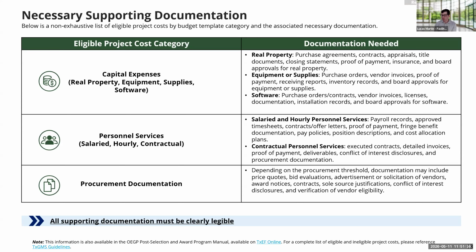So if your eligible project costs are related to real property, we would anticipate receiving purchase agreements, appraisals, title documents, closing statements, and proof of payment. This being a broadly reimbursement-based program, you look to see a proof of payment. Again, any insurance coverage and board approvals for that real property.